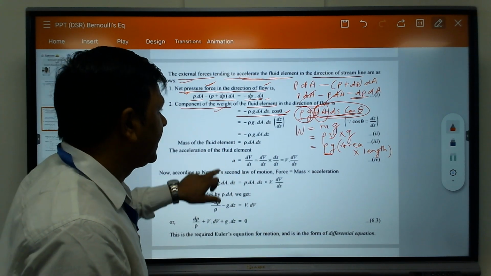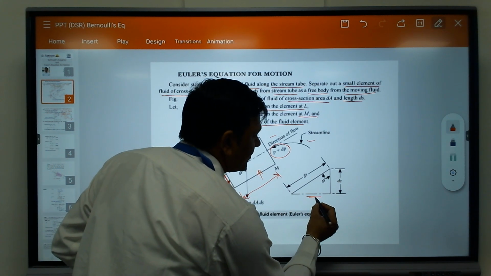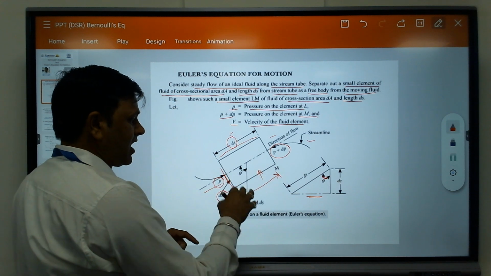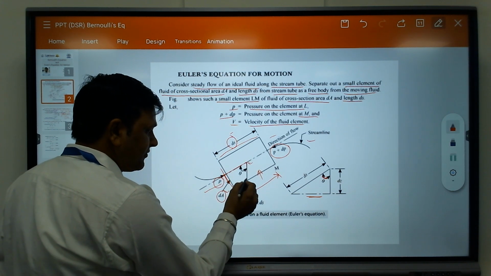Here you can see this is the fluid element we have cut out, and in this fluid element this is the weight.